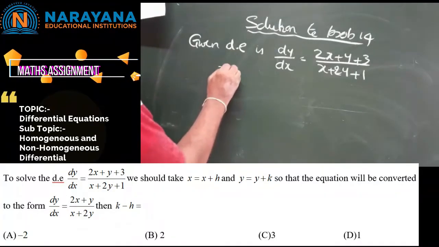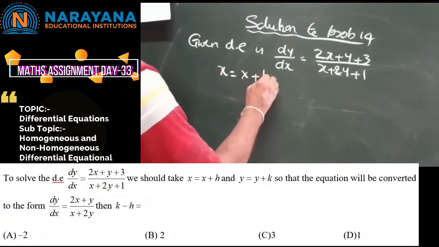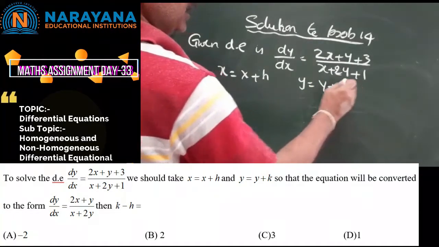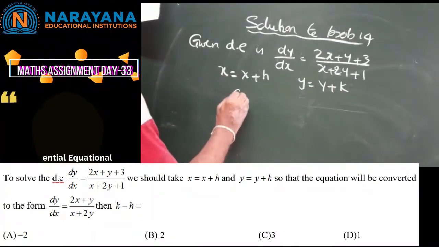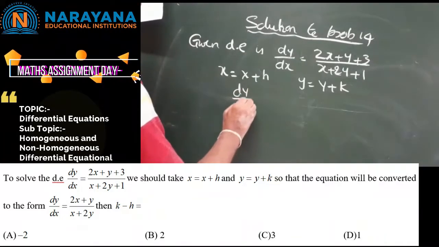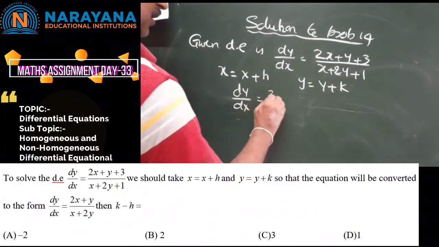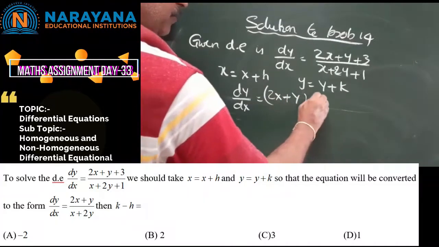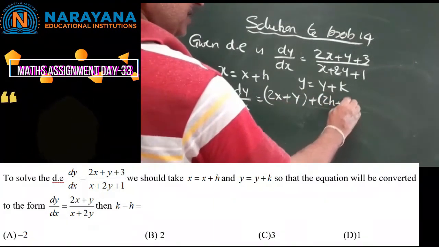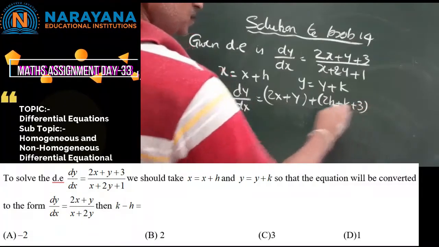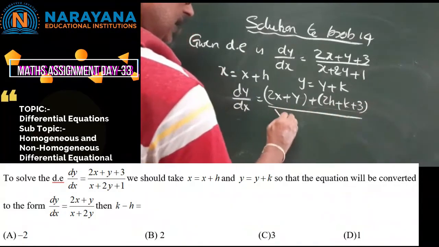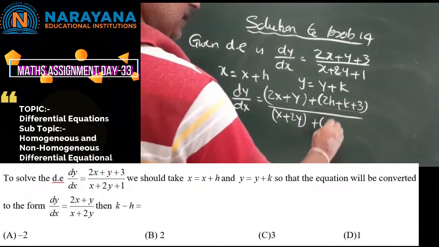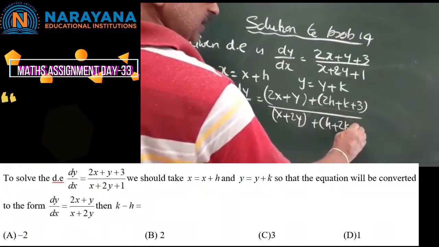It is given that small x is to be replaced with x plus h and small y is to be replaced with y plus k to convert the equation into homogeneous form. So we are writing this in the form of dy by dx is equal to (2x plus y plus 2h plus k plus 3) divided by (x plus 2y plus h plus 2k plus 1).